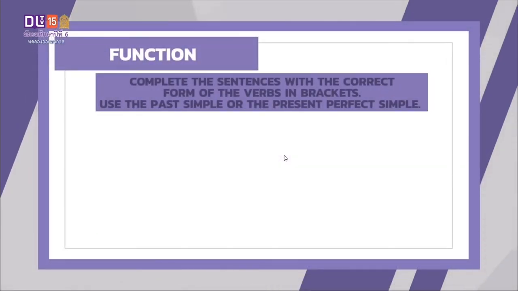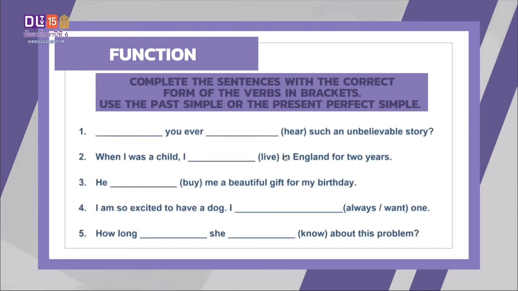Directions. Complete the sentences with the correct form of the verbs in brackets. Use the past simple or the present perfect simple. Okay? I will give you 2 minutes to do this exercise. Okay? Start.